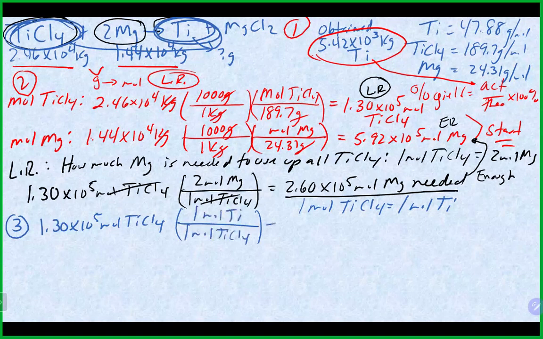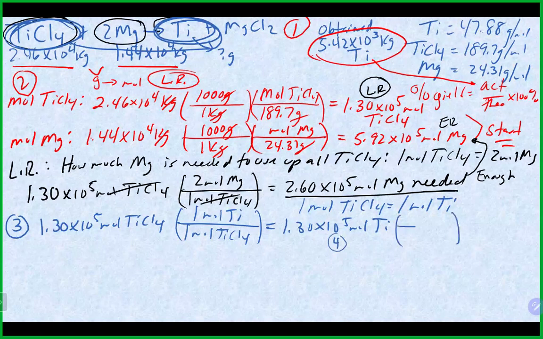I think I could do that without the calculator. 1.3 times 10 to the fifth moles of Ti. But since our actual yield is in kilograms, we do want to convert these moles to grams and then to kilograms, so everybody's in the same unit. So I'm going to do those two conversions next, which would be like the fourth step.